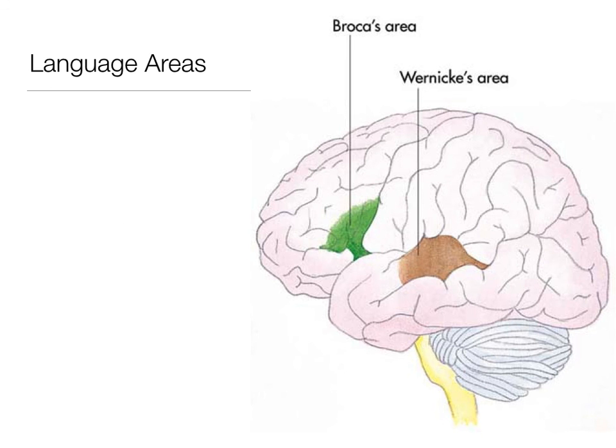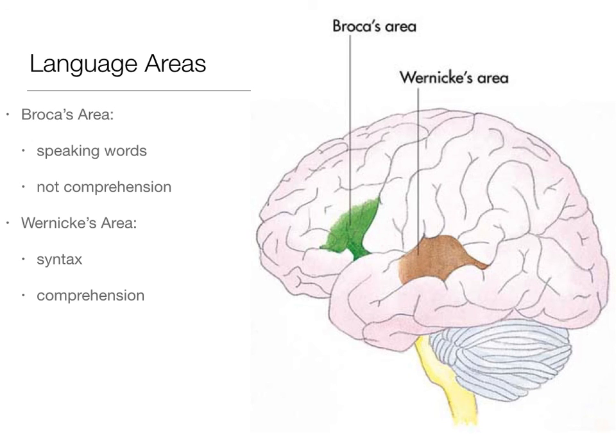There's two areas of the brain where we know a lot of language is happening, and we'll talk about these a little bit more when we get to our language chapter. But Broca's area is the green area here, and this is actually where we're producing words, okay? This isn't understanding words, this is producing words. Wernicke's area, the part that's in the temporal lobe, is actually where we have the comprehension happening, okay? So we need multiple parts of the brain. If somebody has damage to Broca's area, they're going to have problems speaking words.